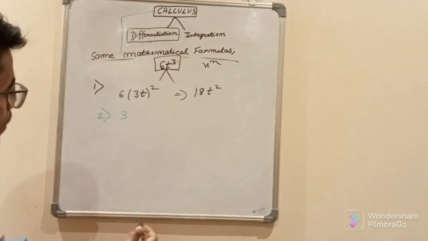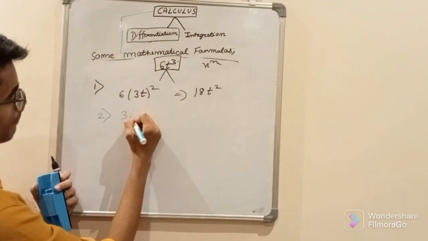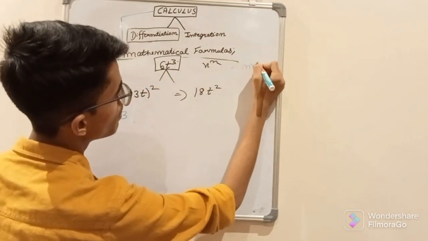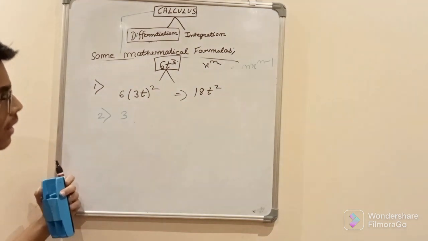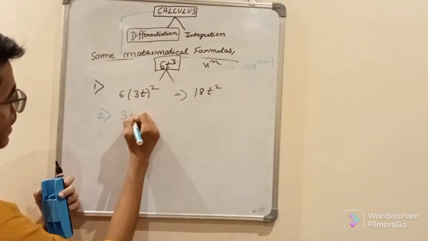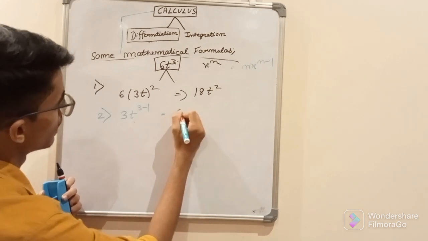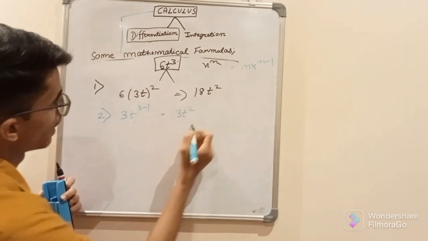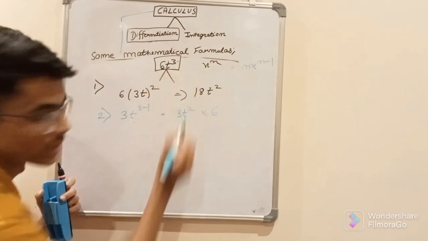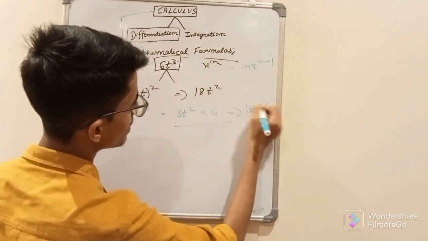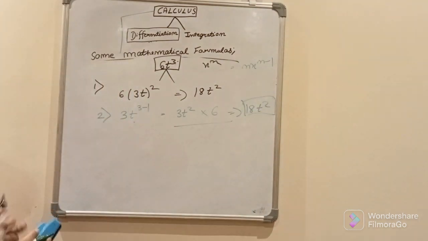If we take this 3 over here, that is n x to the power n minus 1, this is 3t square, and then we multiply this 6. So the answer is ultimately the same, which is 18t square.